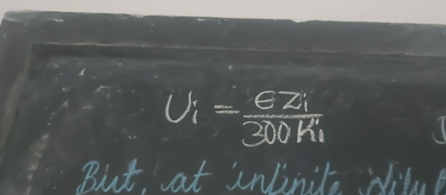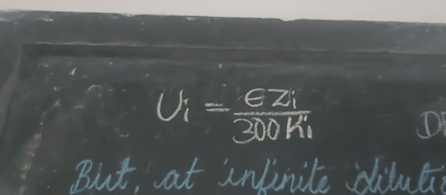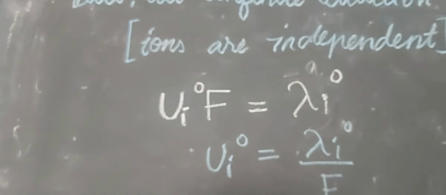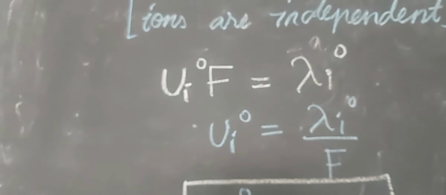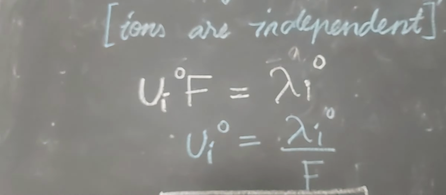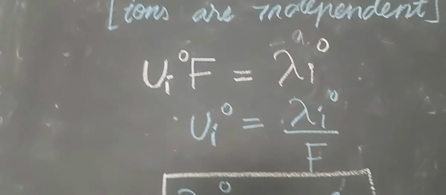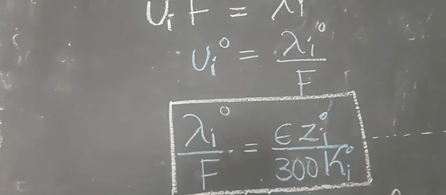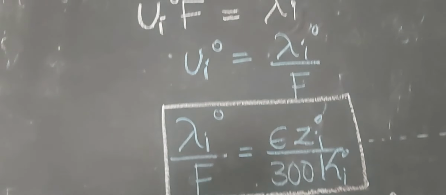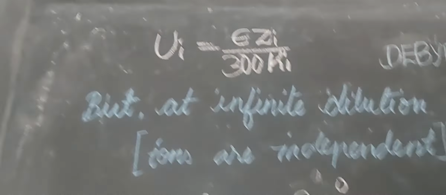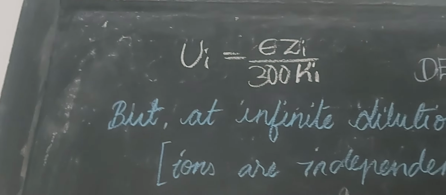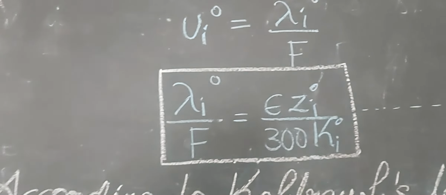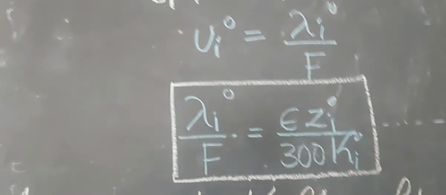But at the same infinite dilution, the ions are independent. So we are getting u_i f equal to lambda_i naught, which is u_i equal to lambda_i naught divided by f. If we want lambda_i naught by f, we are substituting the u_i value, this epsilon z_i divided by 300 kappa_i, then we are getting this equation.